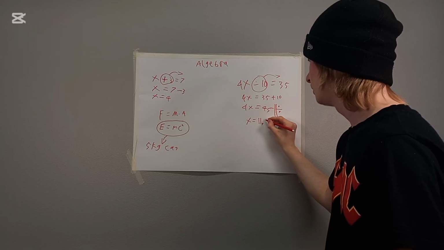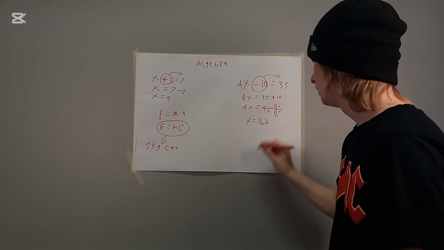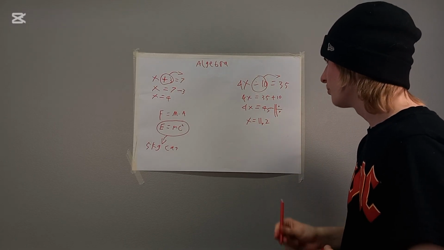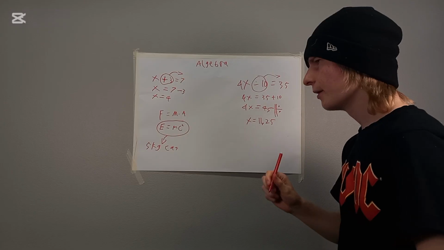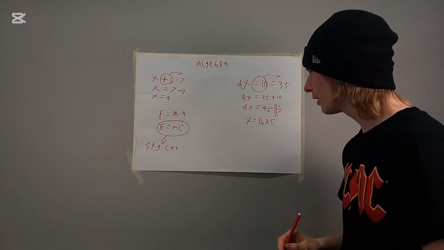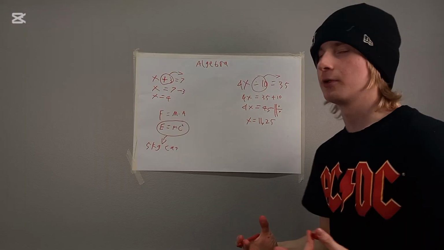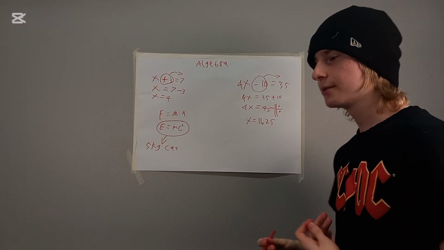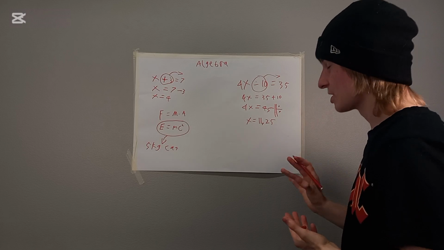I'm not sure if I'm right. No. Now I'm right. Yeah, now I'm right. So if you need to know the x, this is mostly for exams with algebra, the easiest way I can explain algebra.